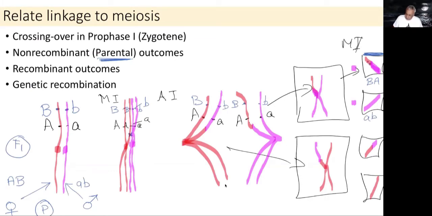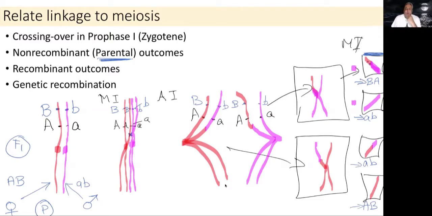And then the one below that will be the reciprocal, capital A, capital B, and the bottom one will be lowercase a, lowercase b. So these are lowercase, and these are capitals. With respect to those two genes, nothing has changed.